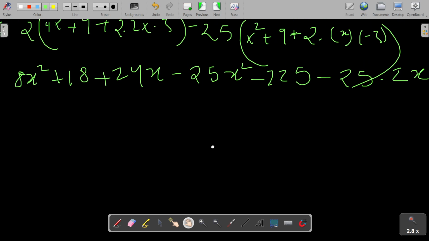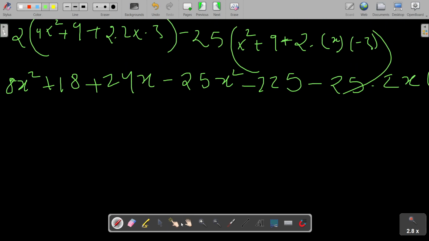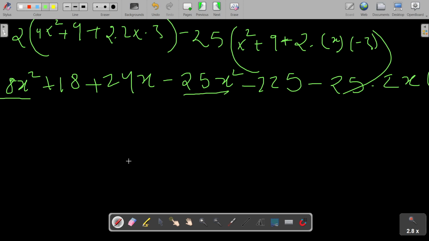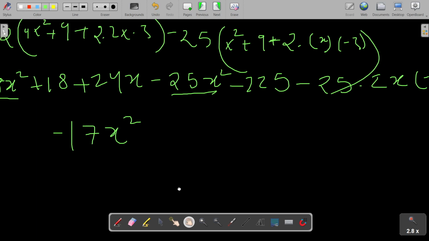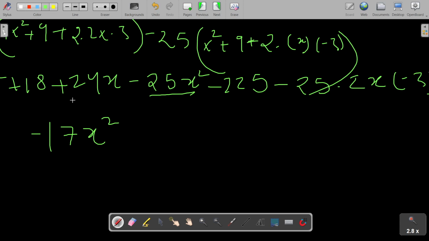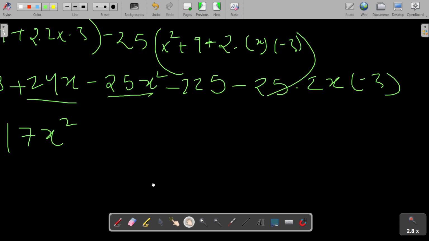Let's solve this expression right here. Let's see only the x square values. Here we have 8x square minus 25x square. So 8 minus 25 is minus 17x square. Now we have to see the x terms. Here we have 24x, and here we have this thing.